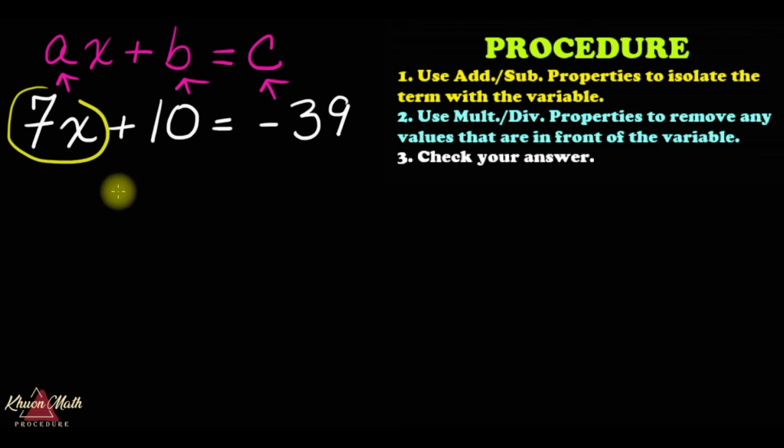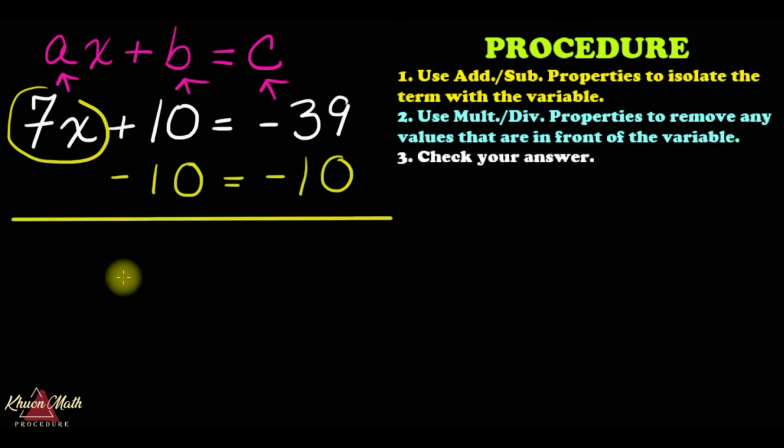Well, you do the opposite. So what's the opposite of plus 10? Well, that would be minus 10. Okay, so we're using the subtraction property of equality to get rid of the positive 10. So if I minus 10 on this side, I've got to minus 10 on the other side. Okay, so that's step number 1.